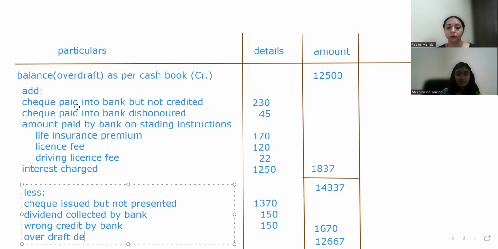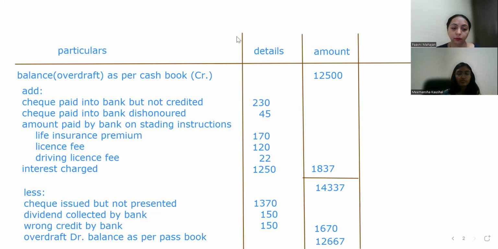Don't give a space between over and draft. And don't write debit like this, DR only, D capital. Balance, debit balance as per passbook. So debit balance, put it in bracket.